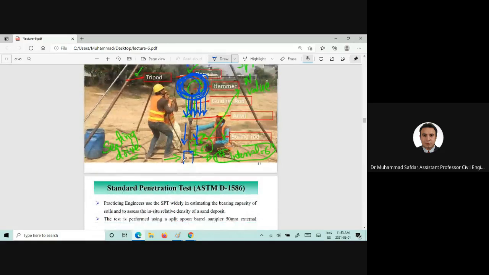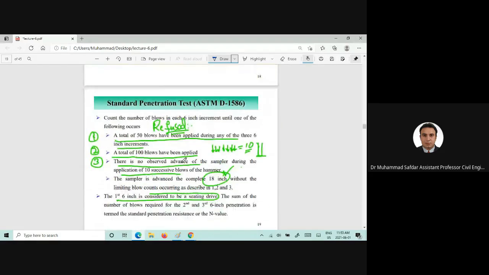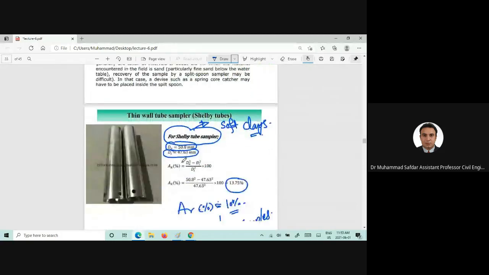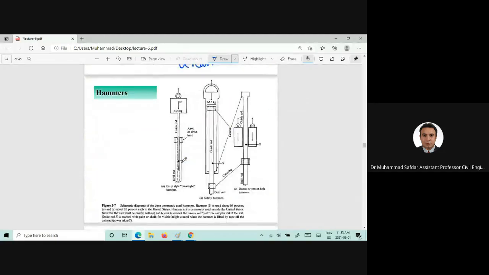But there are different types of hammers which are used to apply those blows in different countries. For example, there are pin weight hammer. They were the earlier style. Then there is a safety hammer which is also used. This is the weight of the hammer which is applied, 63.5 kilogram.